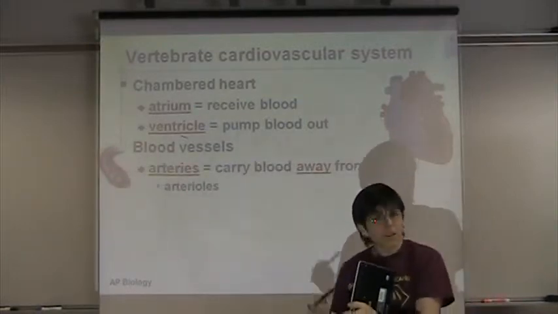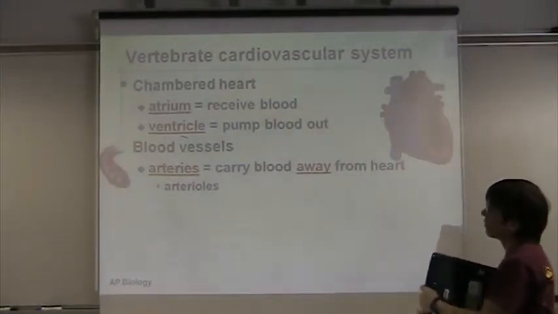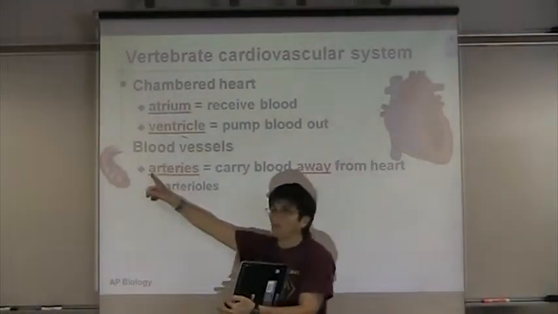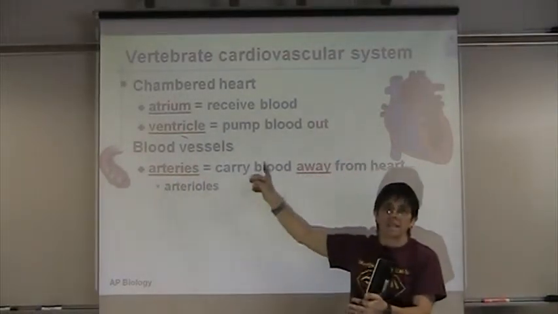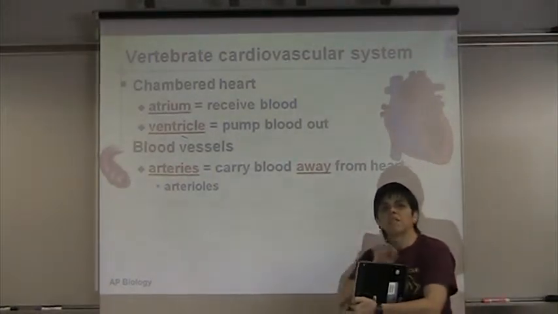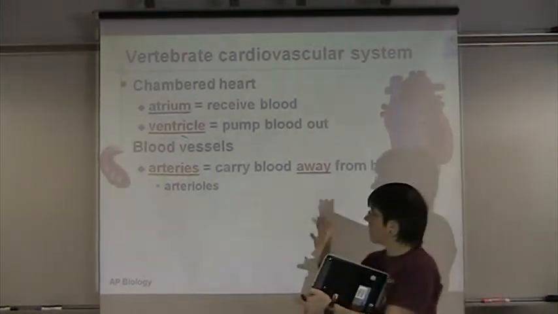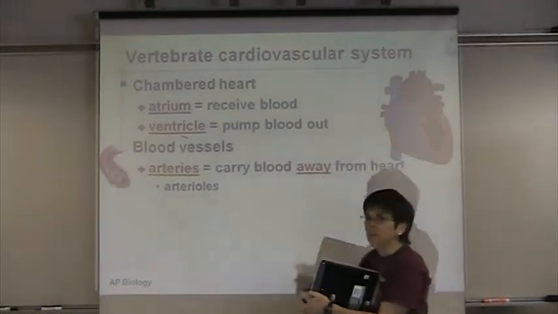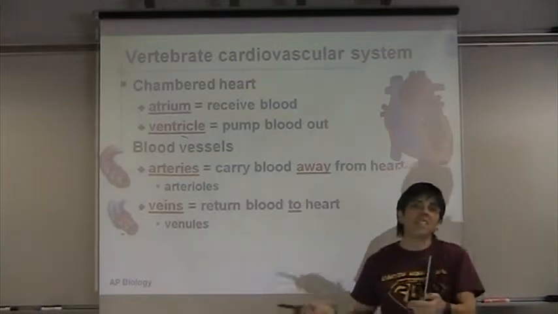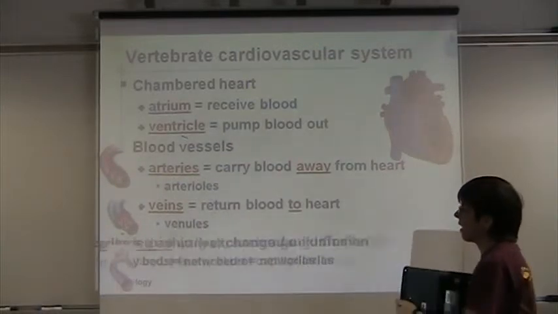You also have three blood vessels always part of your circulatory system, the arteries. And arteries always, A for away. Arteries carry blood away from the heart. Doesn't matter if it has oxygen or not, irrelevant. Arteries carry blood away from the heart, and veins return the blood to the heart.